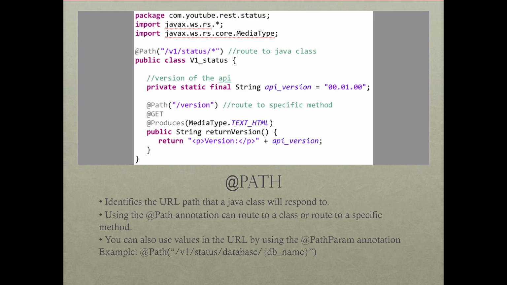If you're using it at the class level, it's to route them to one or more methods. If you're using the path annotation on the method level, that means you want to route a specific request to a specific method. The path annotation can also be used in conjunction with the @PathParam annotation. This will allow some of the URL string to be used inside of a method. We will go into detail on that later on.